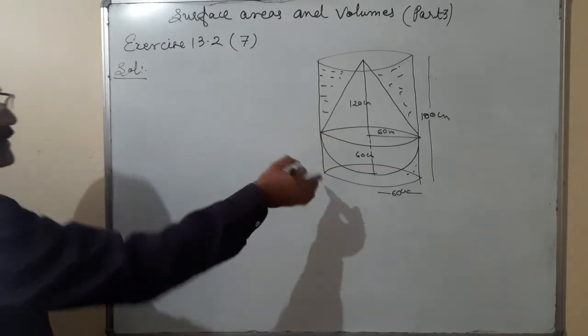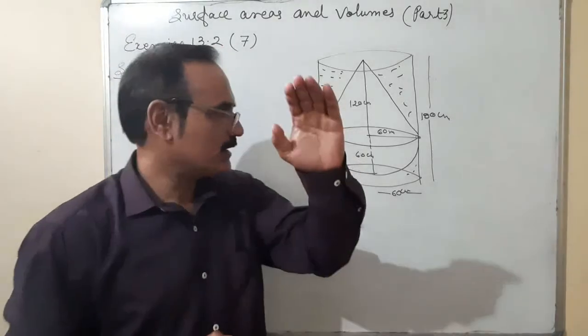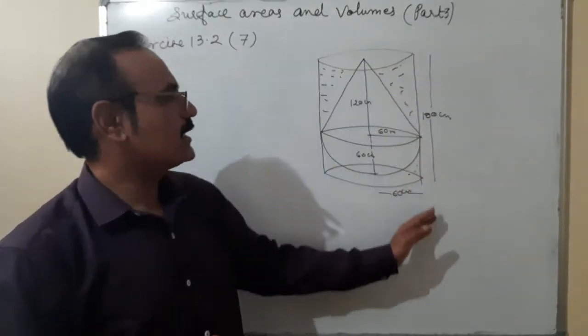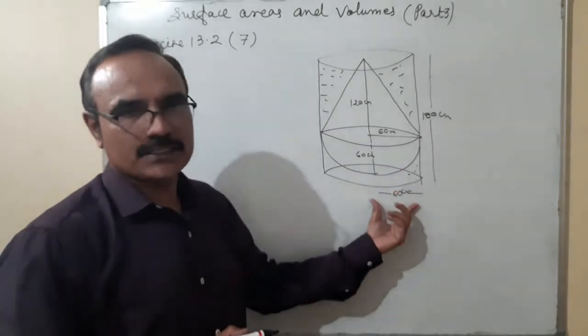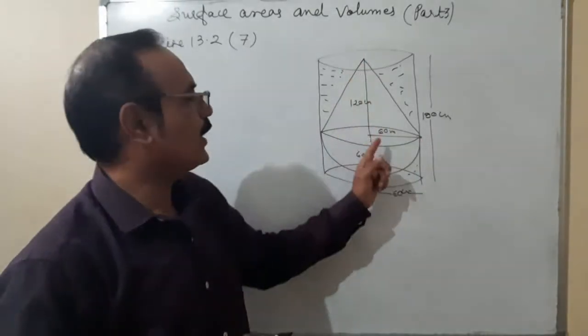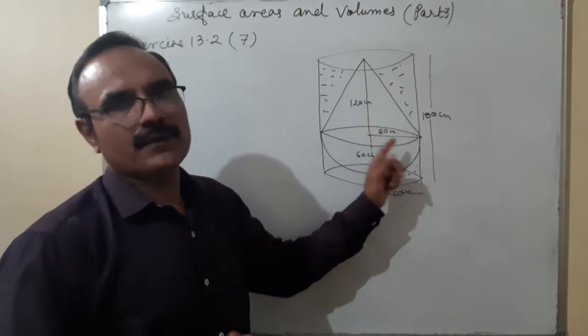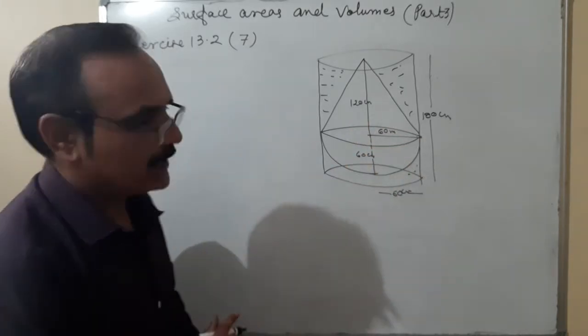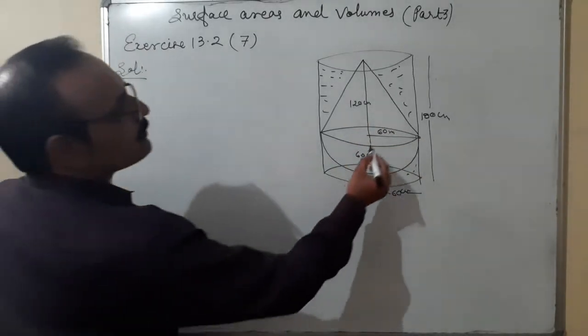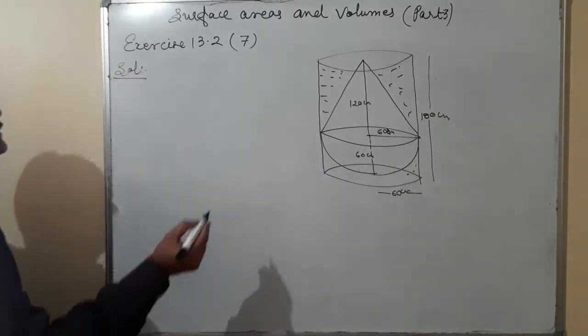All dimensions are clear in the diagram, so I am not writing them here: height of cylinder 180 centimeter, radius of cylinder 60 centimeter, height of cone 120, radius 60, and radius of hemisphere is equal to 60 centimeter. Okay, all units in centimeter.